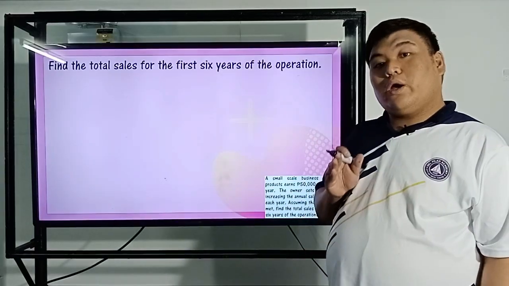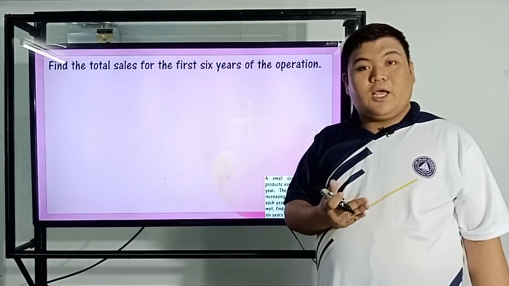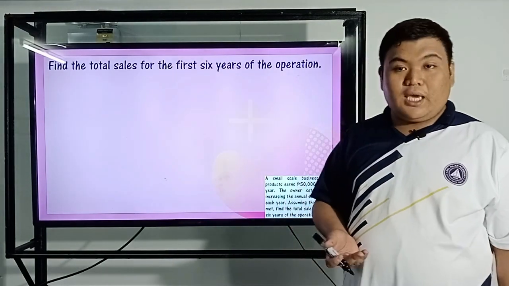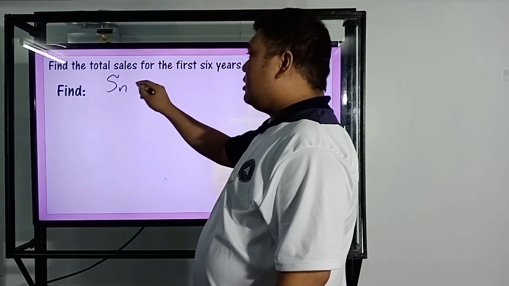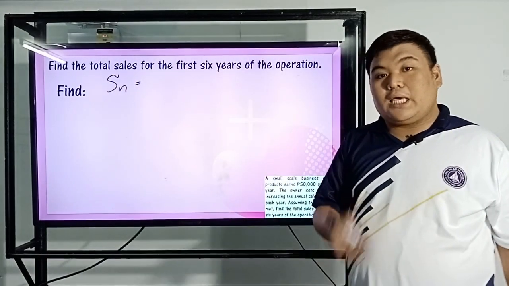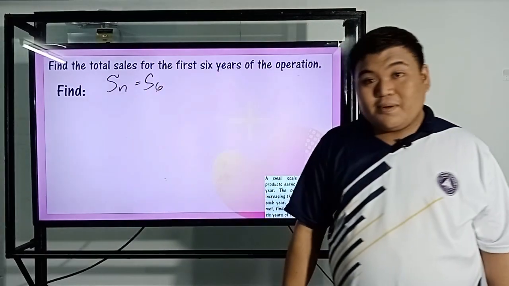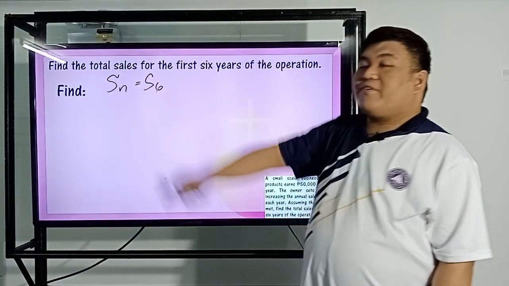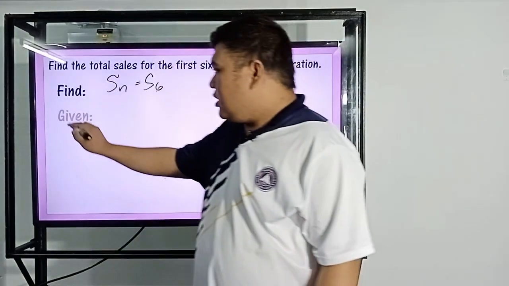Now, since we are looking for the total sales, ang hahanapin po natin ay si S sub n. Or to be specific, since the first 6 years, we'll need to look for the sum of the first 6 years of operation nila. Now, ano yung mga given?